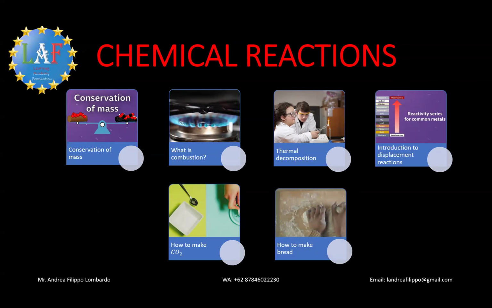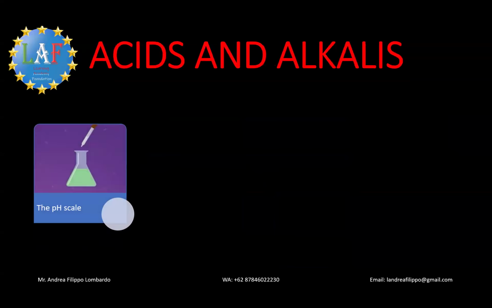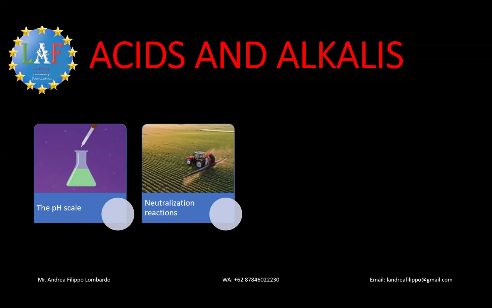The next section will be about acids and alkalis, where the students will see that the pH scale shows how acidic a substance is. They will learn what pH is and how it is measured. Acids and alkalis react together in neutralization reactions, which produce salts and water.